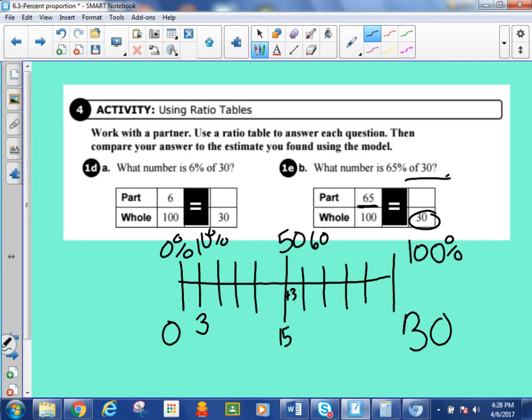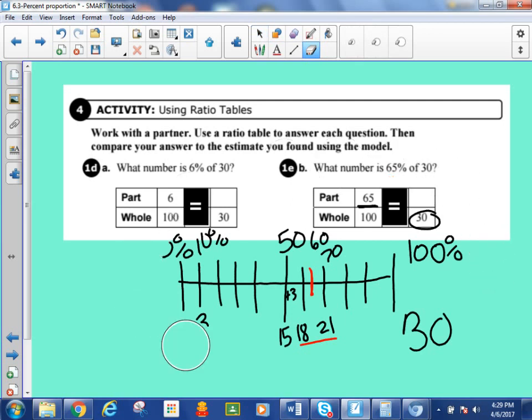So then if 60% is 18, then 70% is going to be 21. And it's asked me for 65, and 65 is going to be right in between. So my answer is going to be perfectly in between 18 and 21. So I'm assuming that would be 19, maybe 19 and a half.